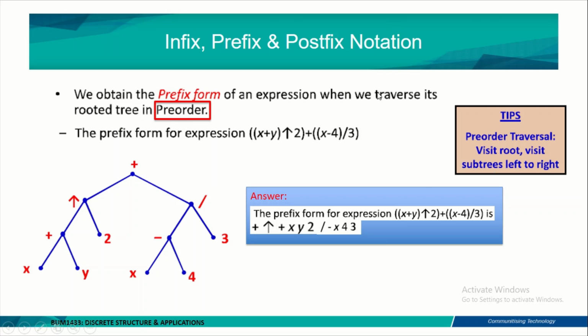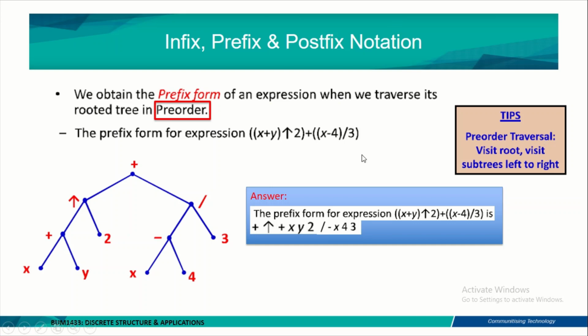So the answer we get for the prefix form is + ^ + x y 2 / - x 4 3. Since I already showed you how to find the pre-order traversal, I believe you can find the prefix form by your own.